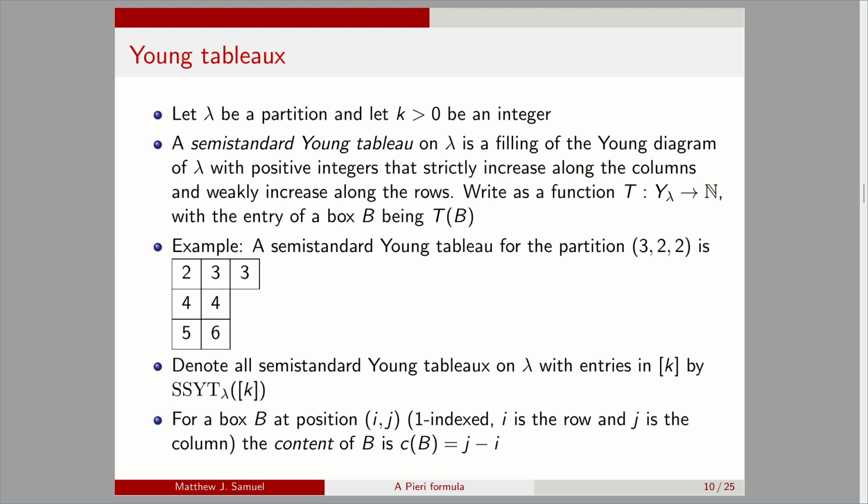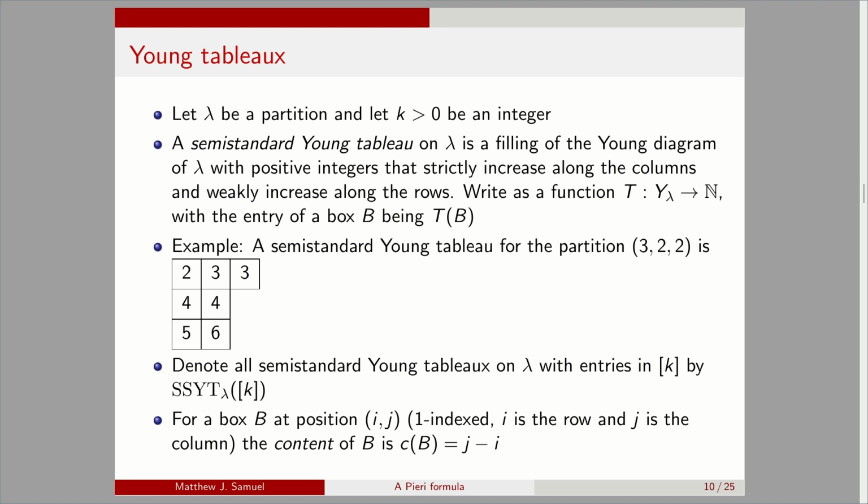So let lambda be a partition, which is a non-increasing sequence of positive integers, and let k greater than 0 be an integer. A semi-standard Young tableau on lambda is a filling of the Young diagram of lambda with positive integers that strictly increase along the columns and weakly increase along the rows.